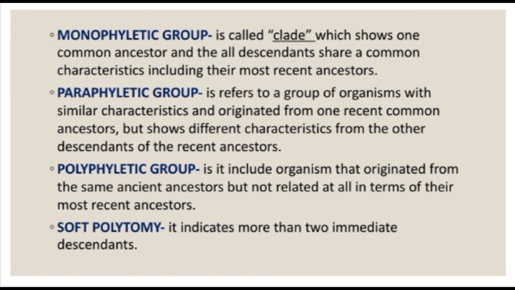The last but not the least, soft polytomy. It indicates more than two immediate descendants. So it means that from one ancestor there are more than two immediate descendants. It shows that scientists are not sure yet about the exact order of branching.